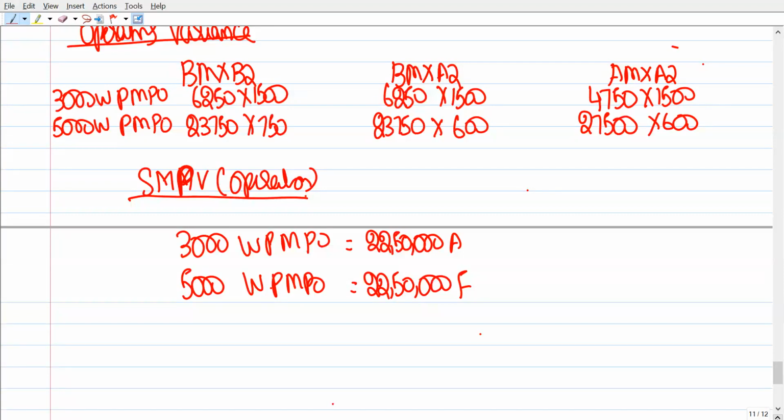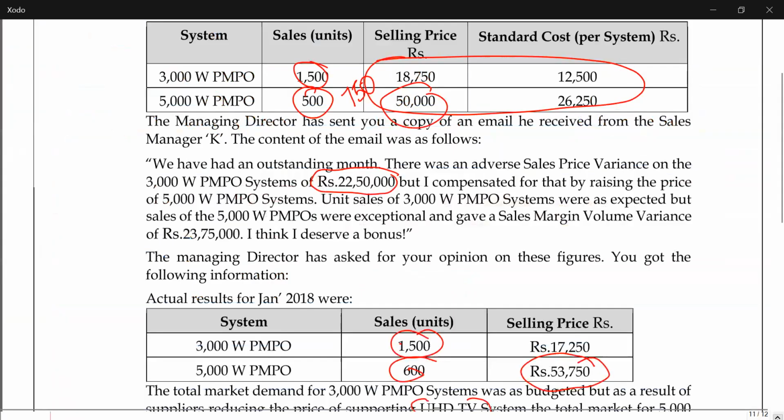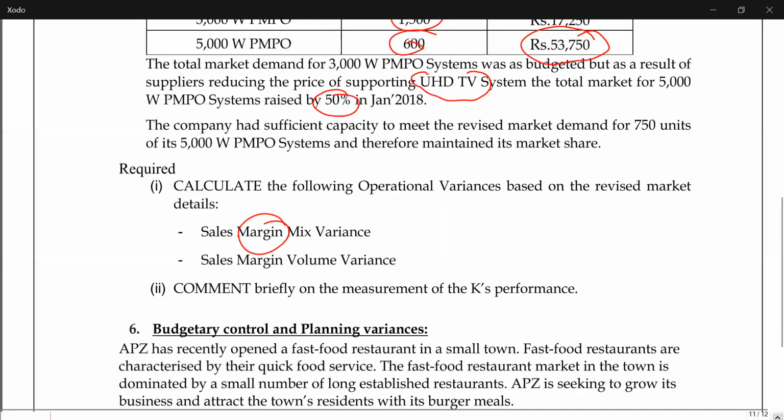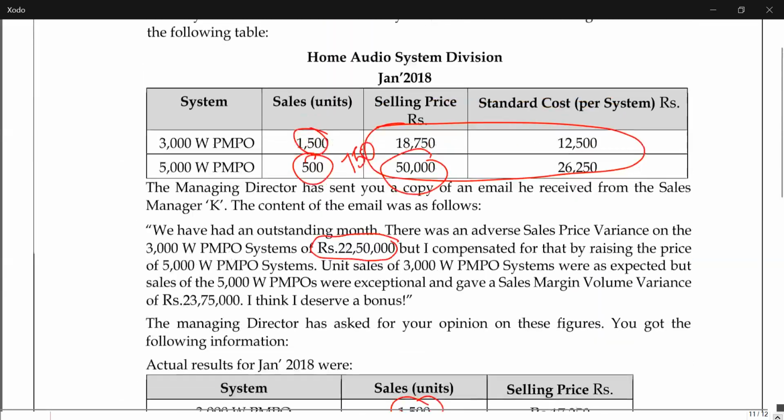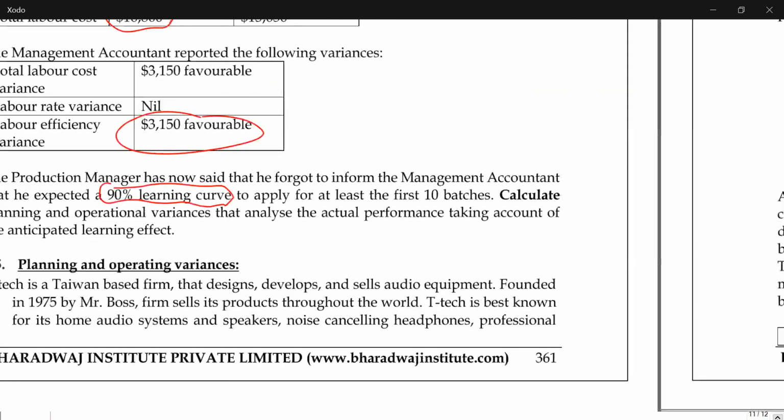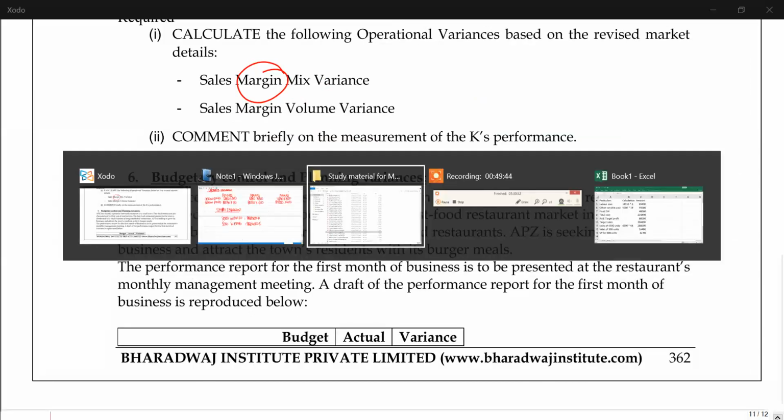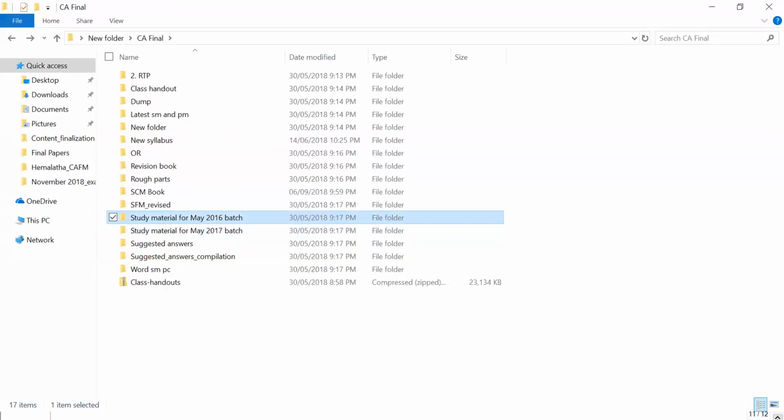They've asked mix, no? Mix wouldn't make any sense in this question. I'll just check the question. Is it mix? Let me just check it.